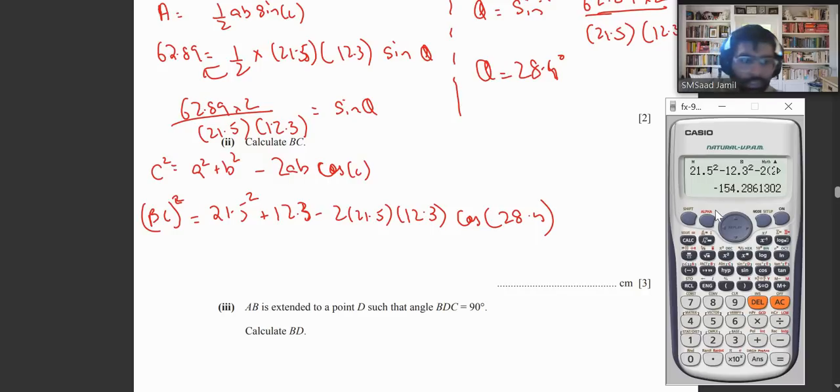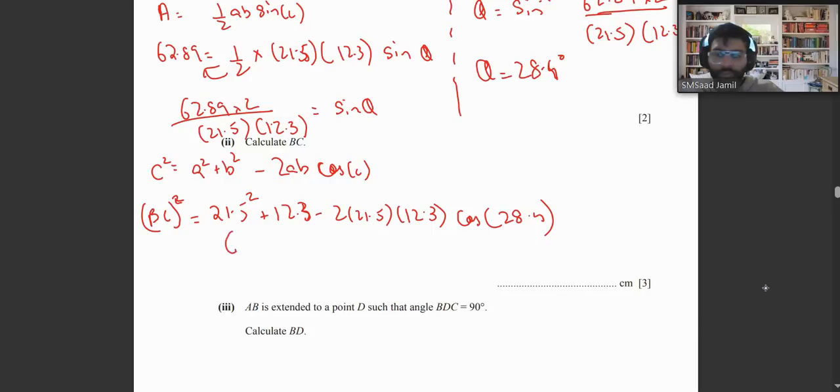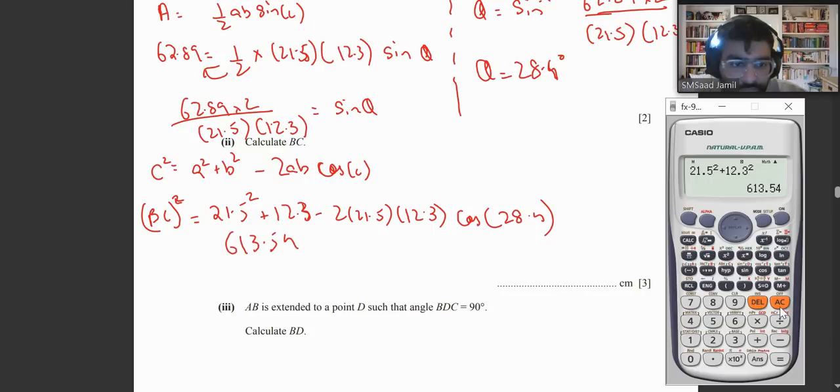We get negative. What mistake have we made? Okay, so let's just solve it step by step. 21.5 square plus 12.3 square, that is actually 613.54. Then let's solve 2 multiplied by 21.5 multiplied by 12.3 multiplied by cos 28.4.